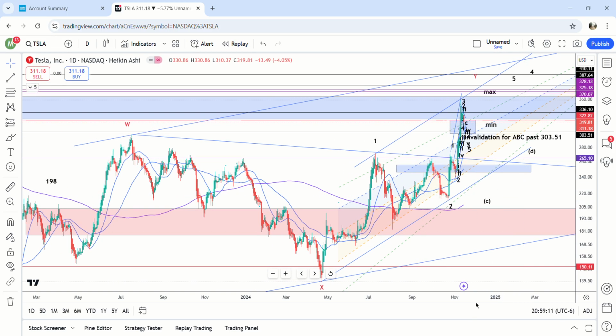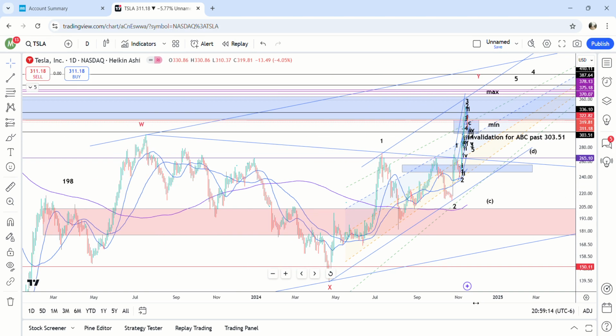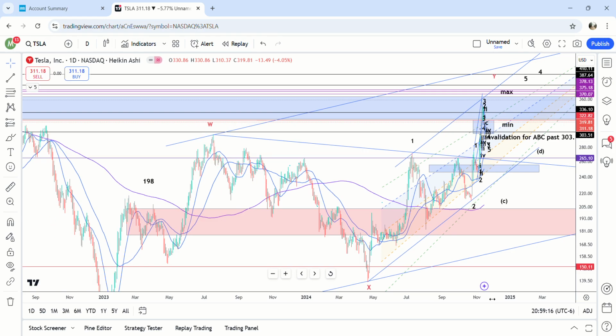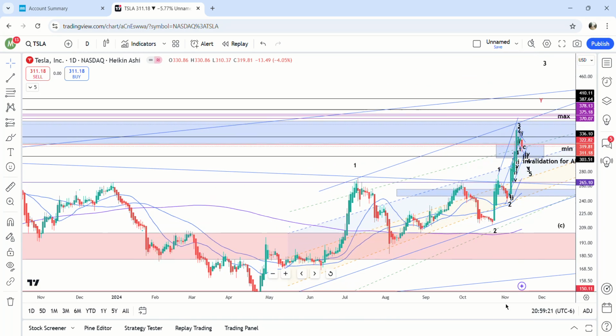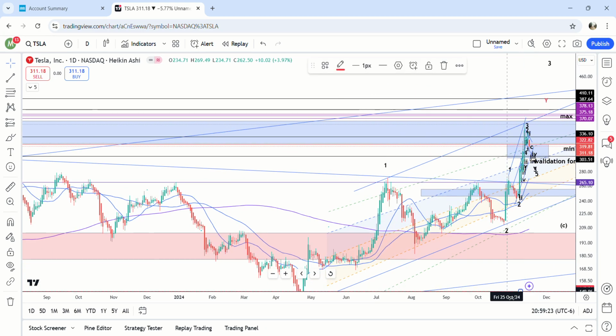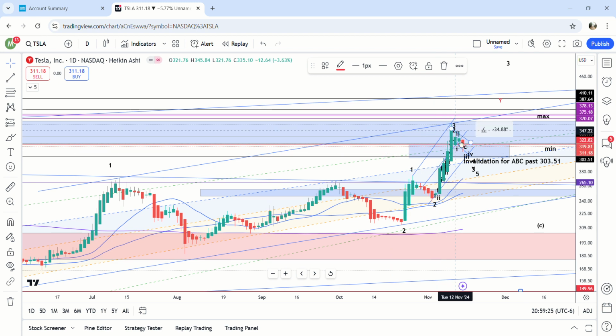The only thing that would be off about this, well, actually, it wouldn't be off. It's the exact same thing. No. Yeah, it would be off a little bit. The only thing that's off about this is the fact that this never finished 5 waves up.